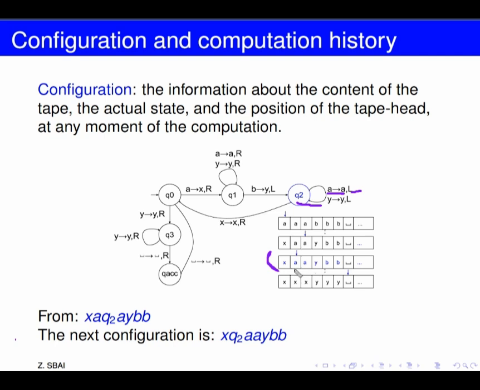We will write simply that the content of the tape will be X, A, A, Y, B, B. The next state will be Q2, since here it's a self loop. Q2 will be written just before the symbol on which the tape head is pointing. See here, the tape head is pointing on the first A on the tape. So we'll write Q2 here before the symbol to know that the following transition will be made from Q2.